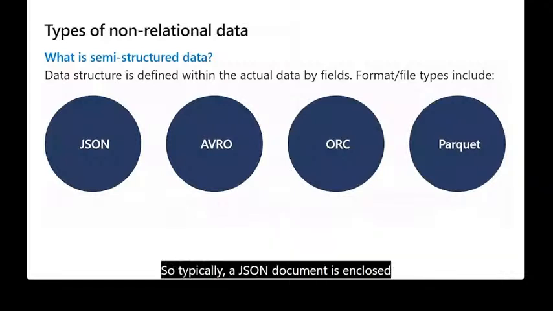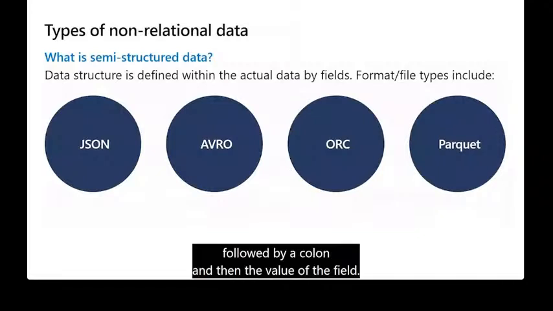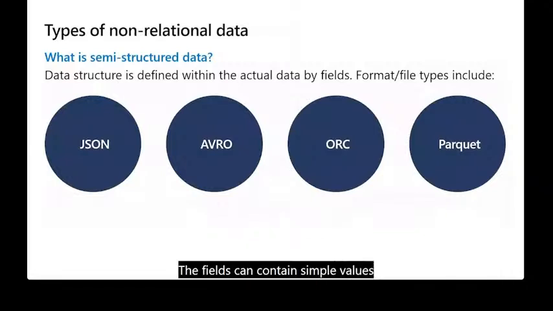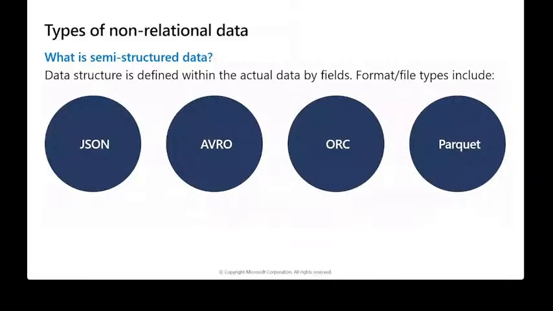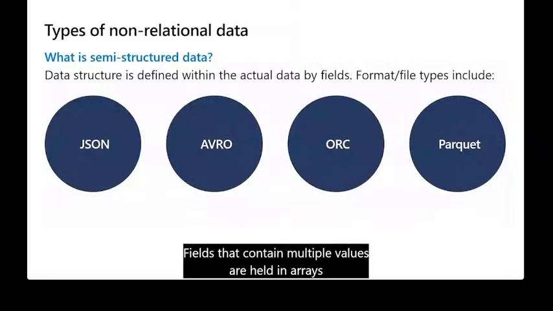So typically, a JSON document is enclosed in curly braces. Each field has a name followed by a colon and then the value of the field. The fields can contain simple values or could contain sub-documents, each also starting with its own curly braces. Fields that contain multiple values are held in arrays, and the arrays are denoted in square brackets.